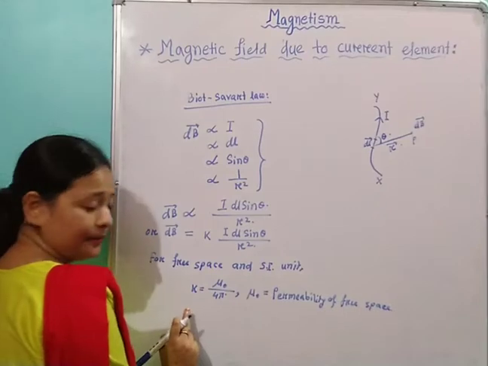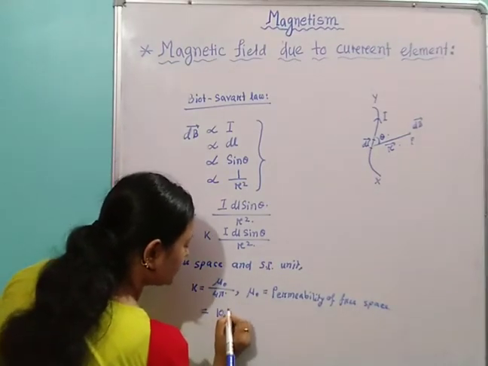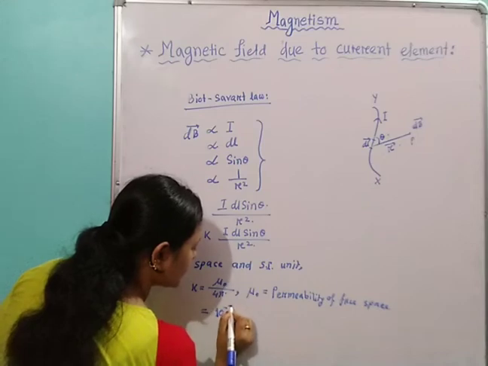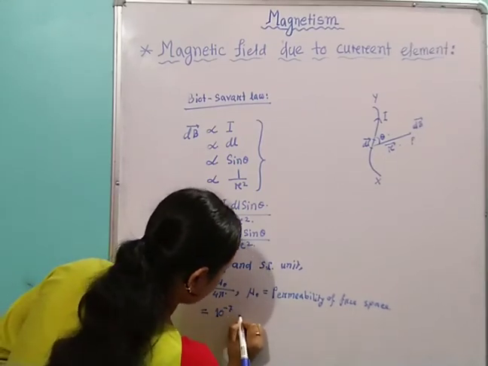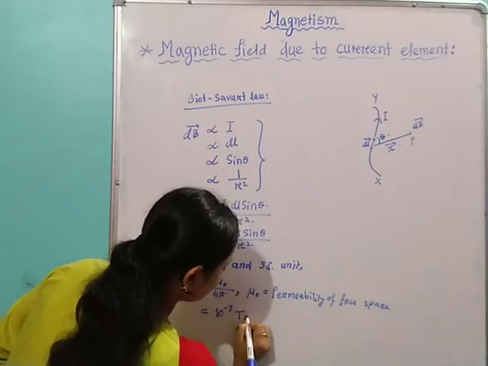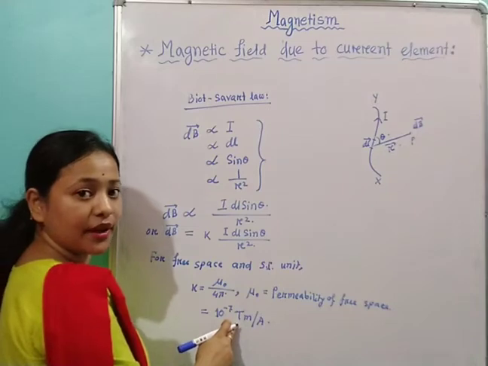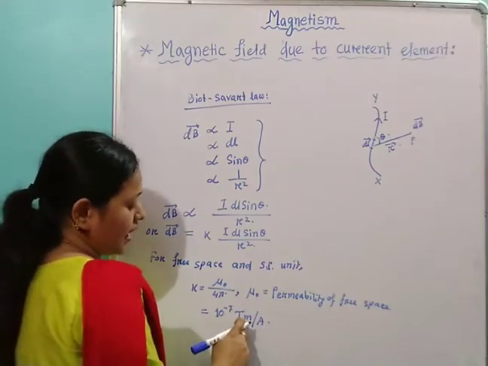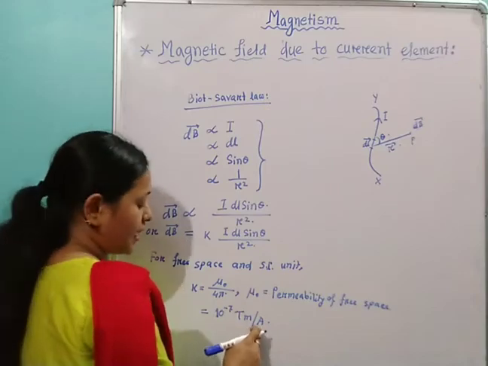And the numerical value of k is 10 to the power minus 7 Tesla meter per ampere, where Tesla is the unit of magnetic field, m is the unit of length and A is the unit of current.